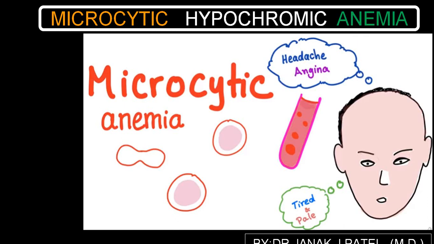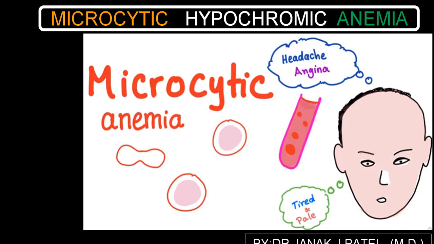Whenever we mention anemia, it is taken for granted that a classical anemia will have decreased hemoglobin, decreased hematocrit, and decrease in packed cell volume, that is hematocrit, plus decrease in RBC count. Because hemoglobin is less, the RBC will appear pale, we call it hypochromic.